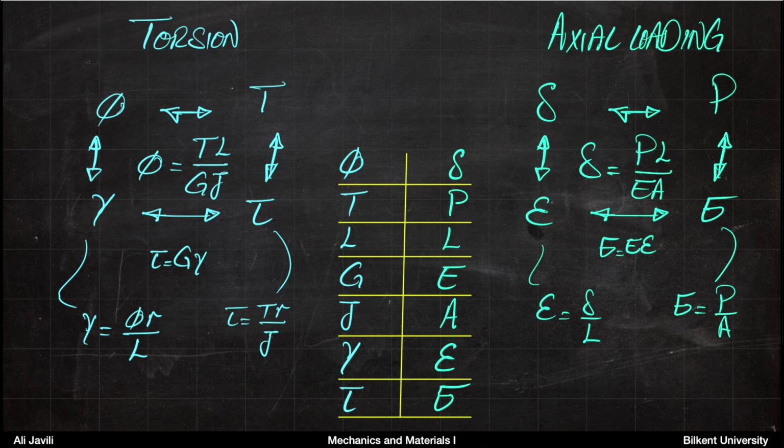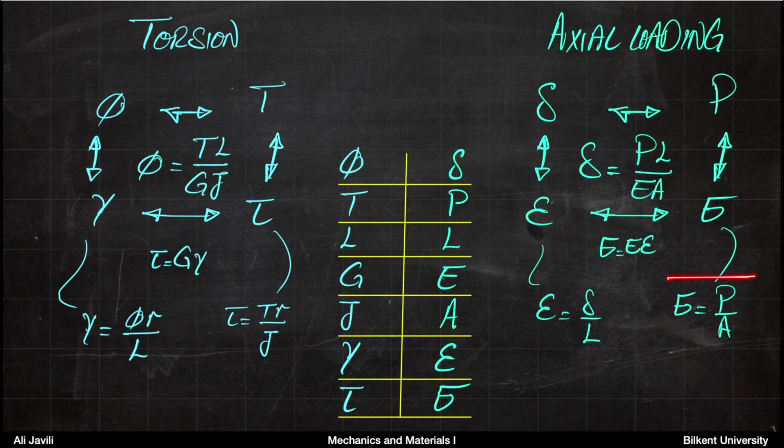So for instance, strain for axial loading is dimensionless, it's delta divided by L. For a torsion problem, the strain is the shear strain, which is still dimensionless, but now it is phi, the angle of twist, times radius divided by L. So instead of delta divided by L, you have phi times R. The stress-strain relationship, sigma equals E epsilon, corresponds to tau equals G gamma.